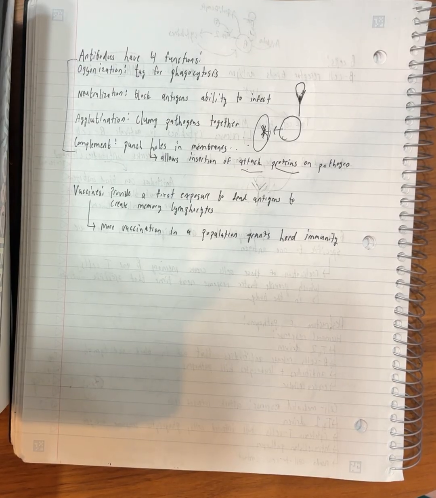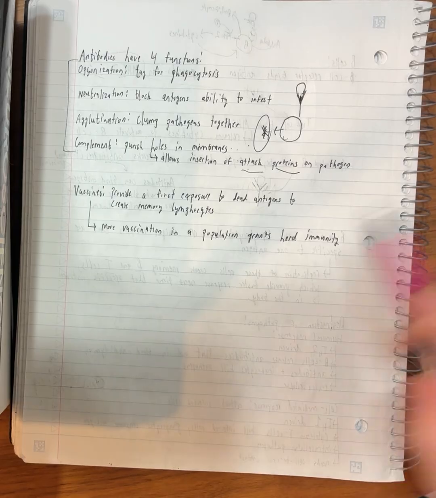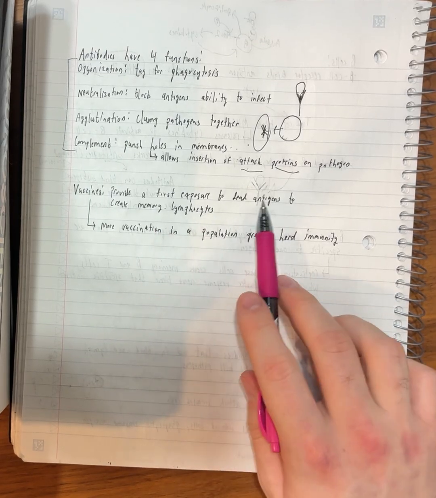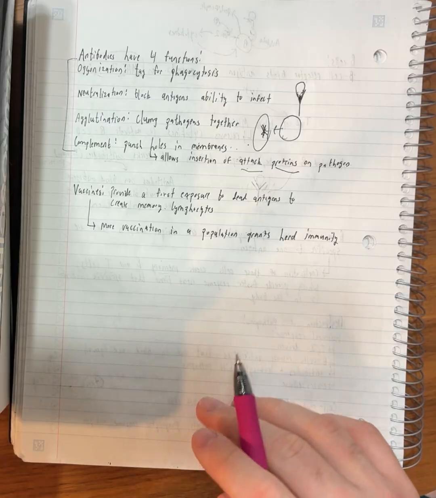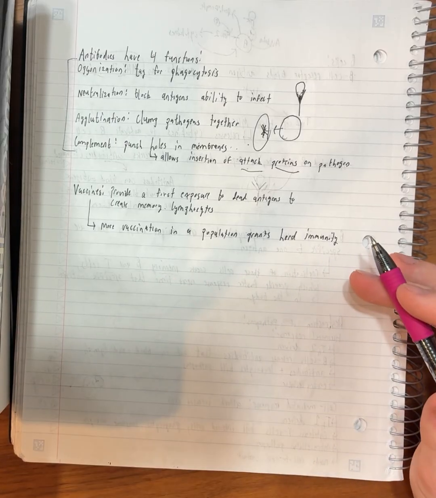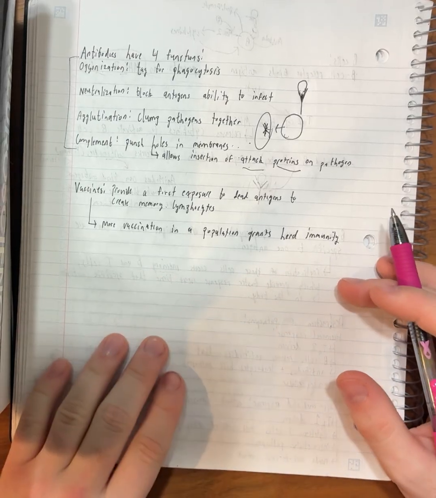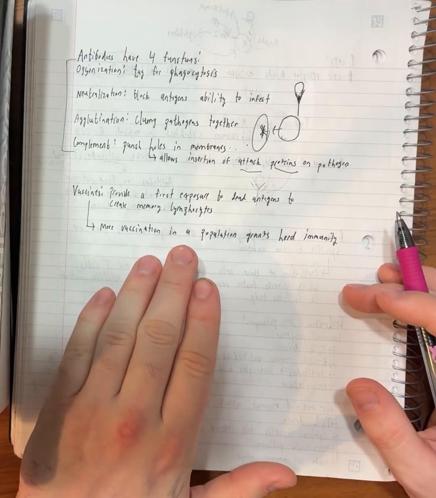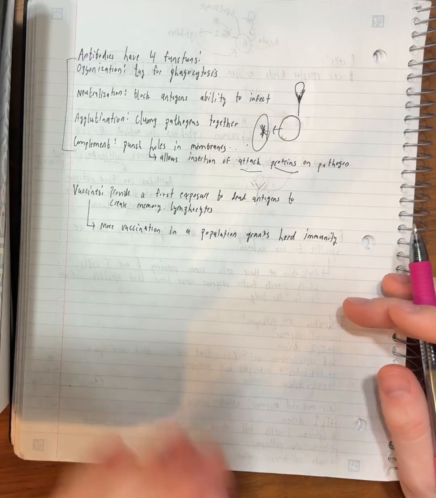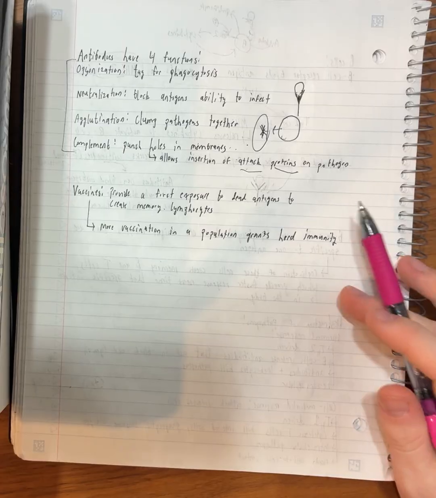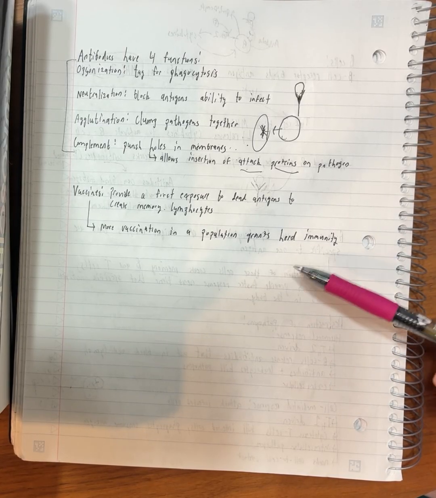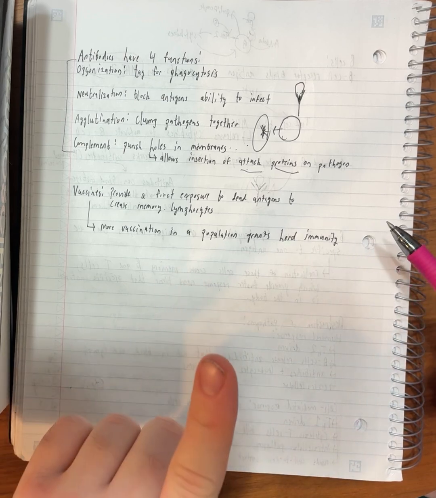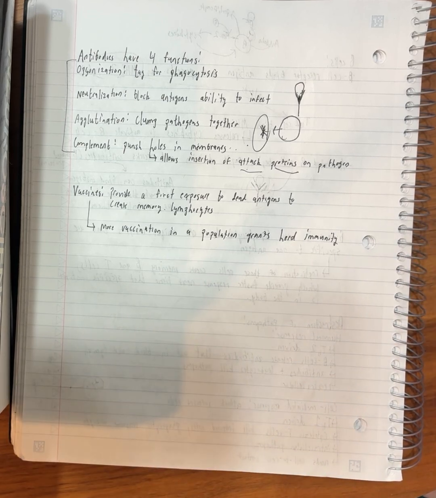And the last thing we want to talk about just real quick is vaccines. Vaccines provide a first exposure to dead antigens or toxins. What that does is it gives your B cells, your adaptive immune system, something to recognize a certain pathogen. When you get your flu vaccine, you are exposing your immune system to flu antigens, but not live pathogens.